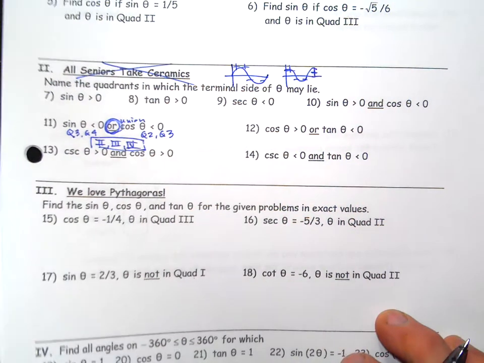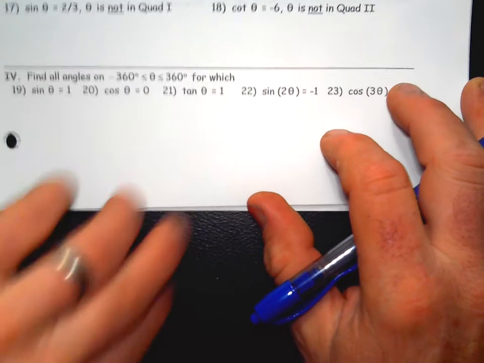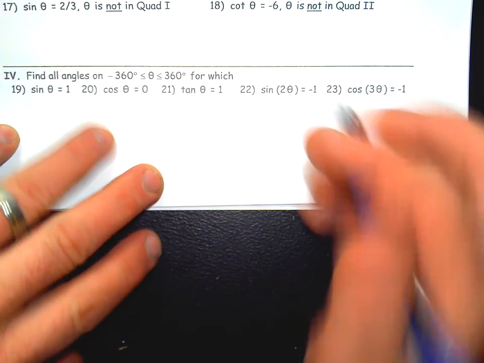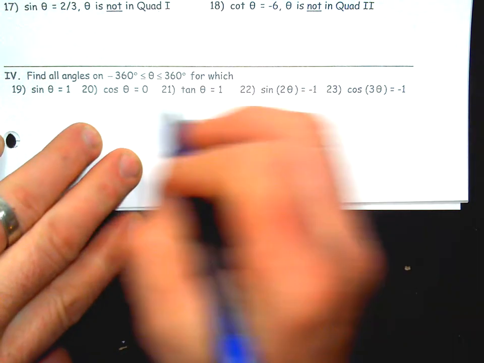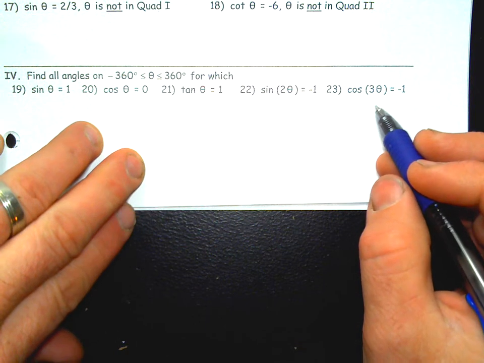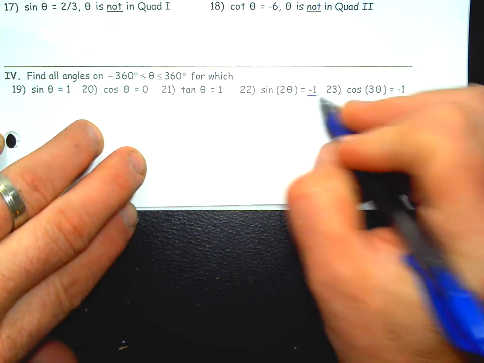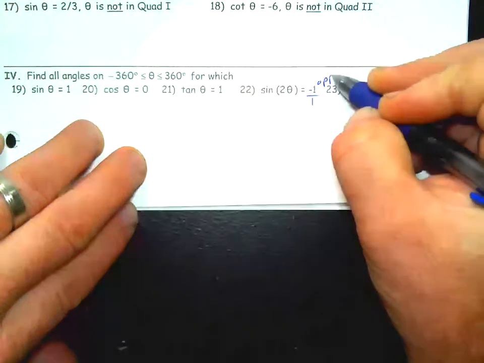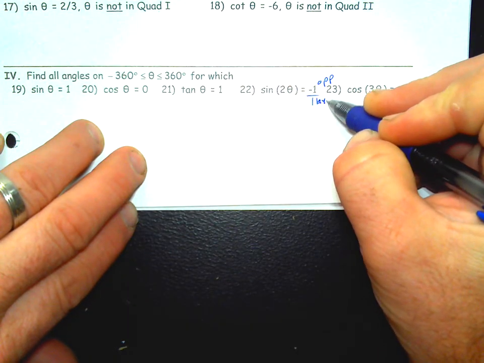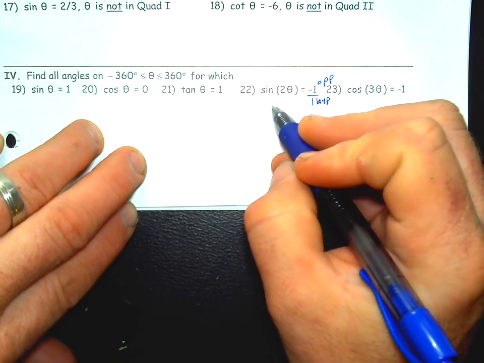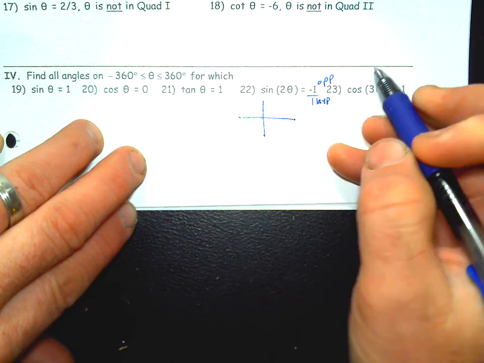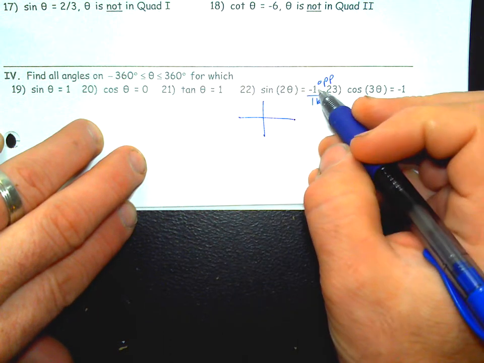Okay, number 22. So this is kind of like the last problem. When is sine equal to negative 1? These are all kind of special angles. We'll get into the other kind of angles in the next lesson. Sine is opposite over hypotenuse. And you could think, when is the opposite side negative 1 and the hypotenuse is positive 1?